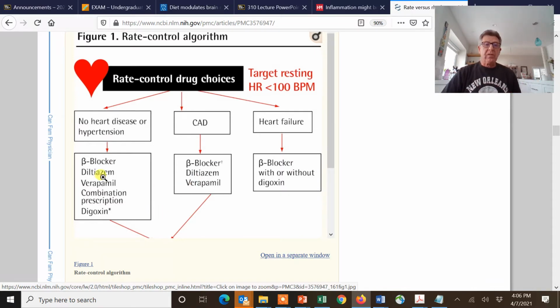We have calcium channel blockers. That's what these guys are right here. Verapamil, diltiazem. Okay, digoxin is another one that is used. It actually will depolarize the cell. Anyways, the bottom line is you have these rate controlled drug choices, okay?